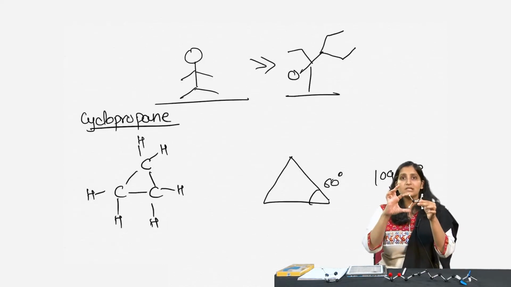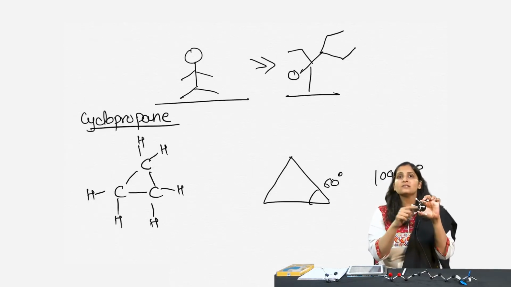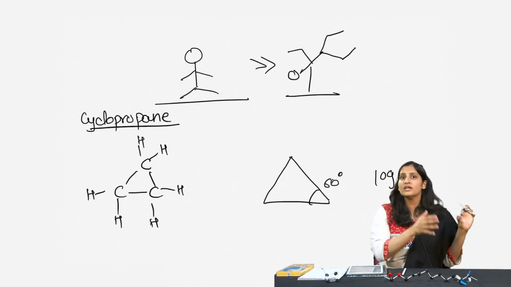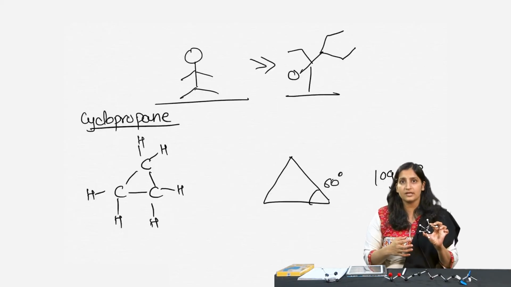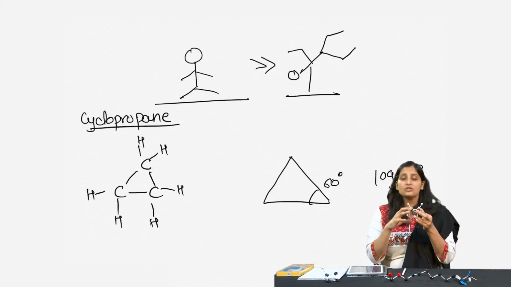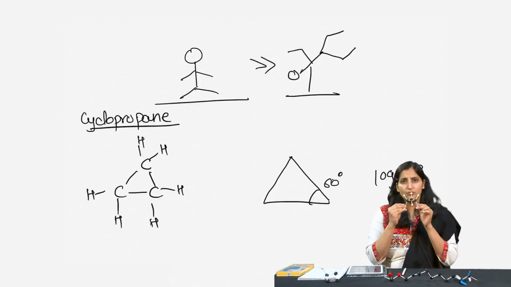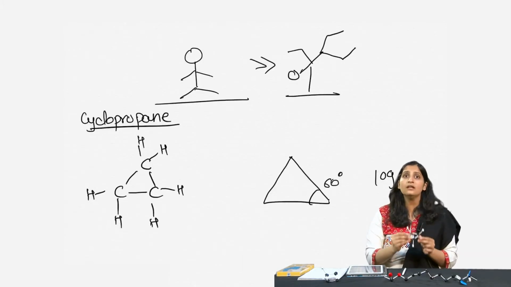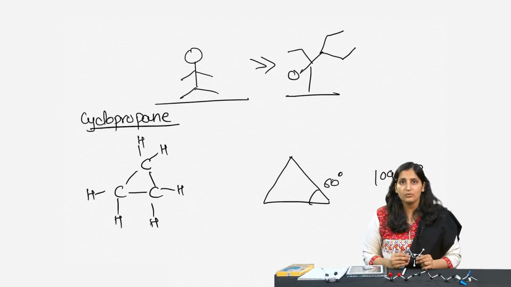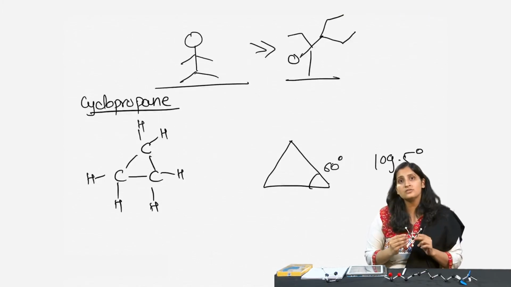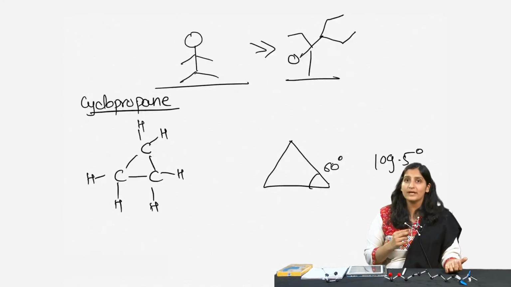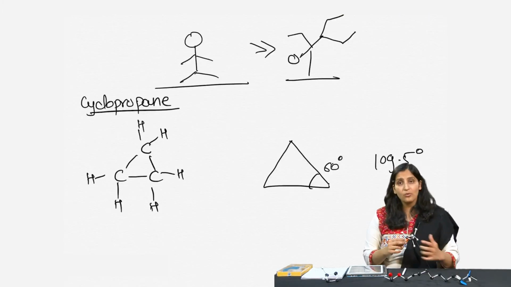Remember, there is a torsional strain because of these eclipsing CH interactions, and there is an angle strain because of the deviation from 109.5 degrees. So, the addition of these two strains really makes the cyclopropane molecule a lot more strained than any other cycloalkane molecule. The combined result of these two strains is approximately 27 kilocalories per mole.